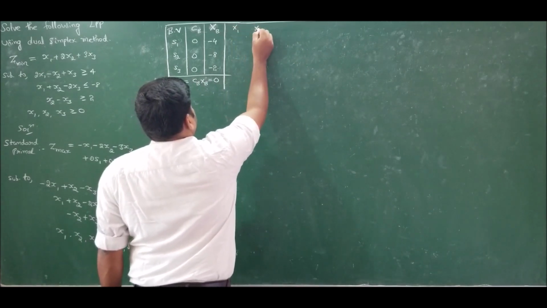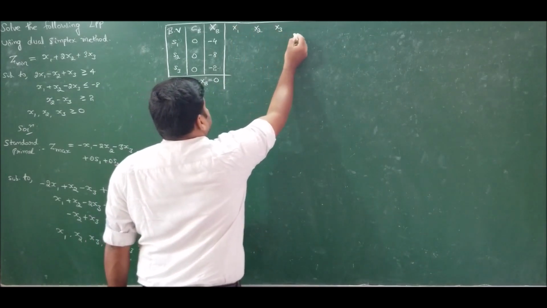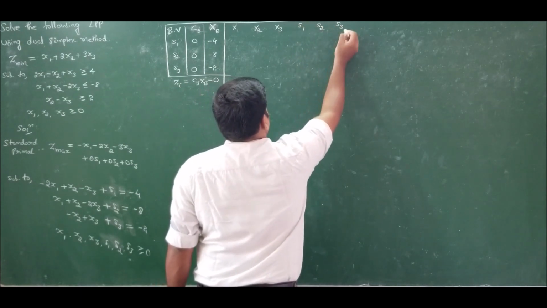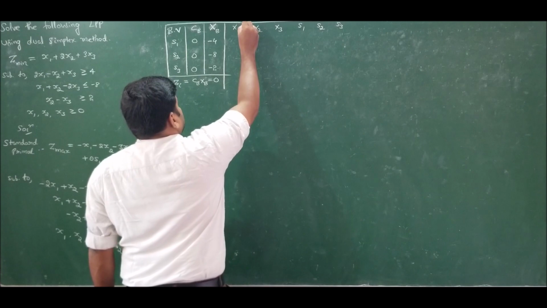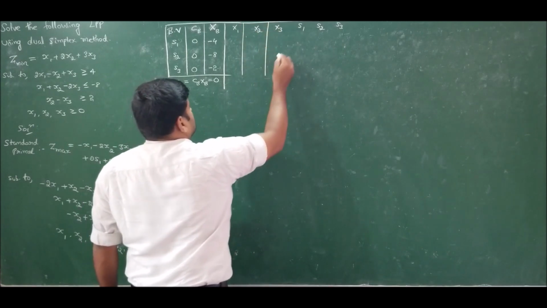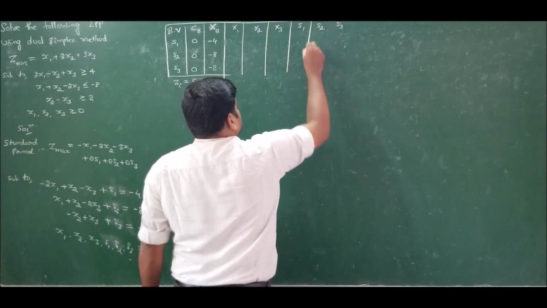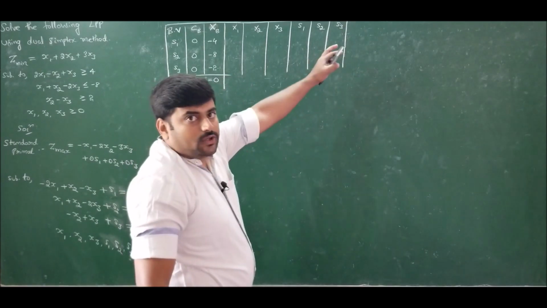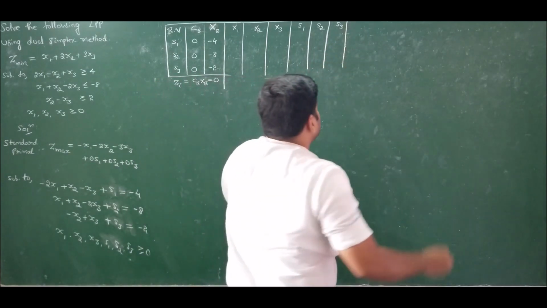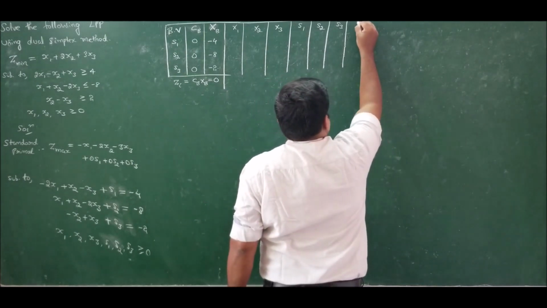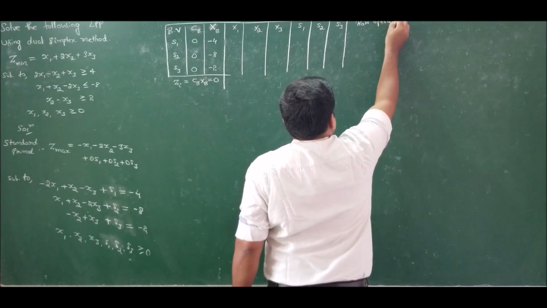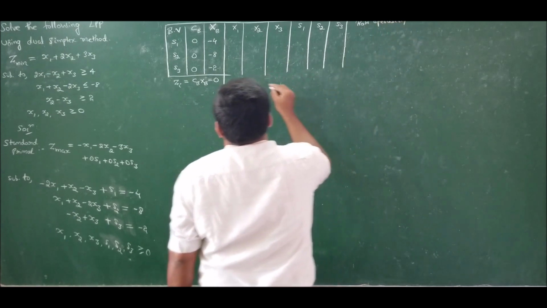We have x1, x2, x3 as variables. We have slacks s1, s2, s3. So construct the table. No need to calculate the ratio of XB by Xk, just write down the required row operation.